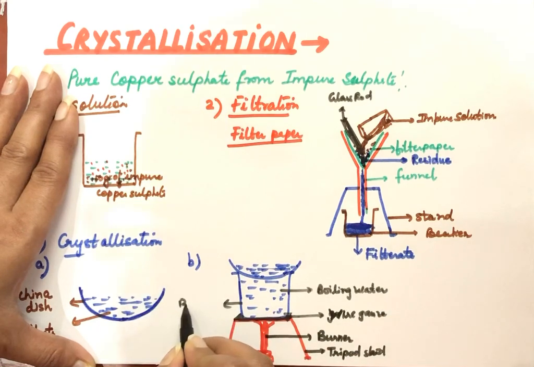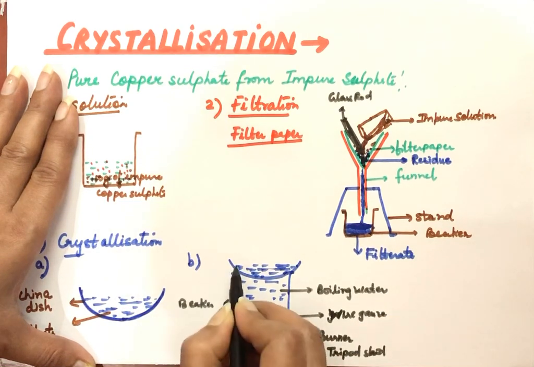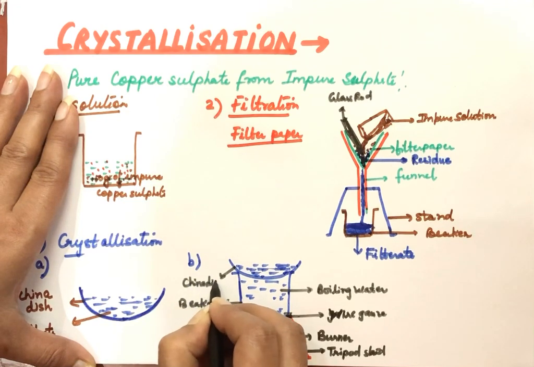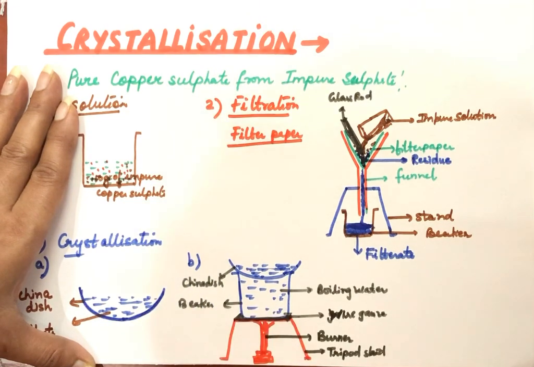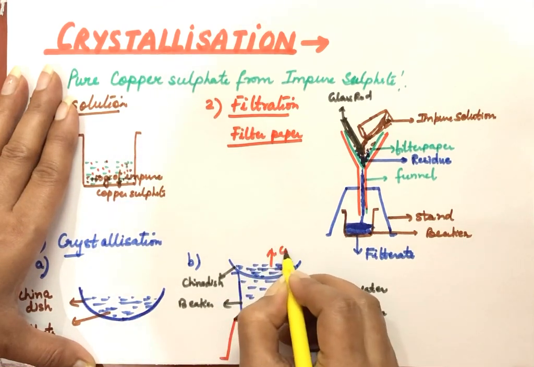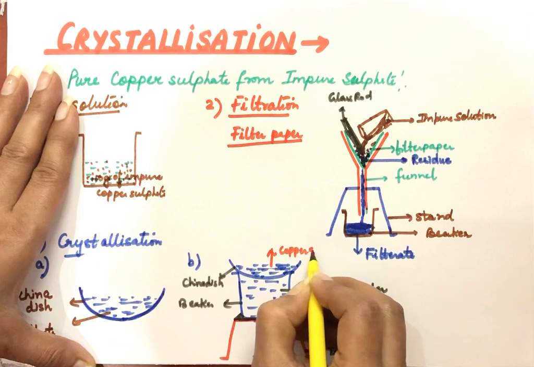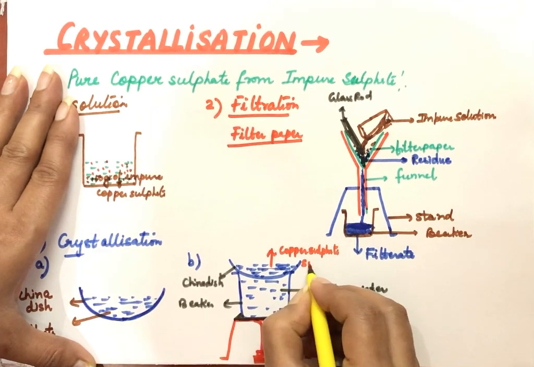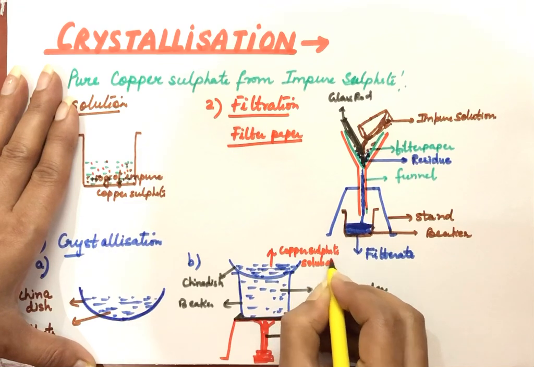This is the beaker, the china dish. The solution here is copper sulfate solution that has impurities, soluble impurities in it.